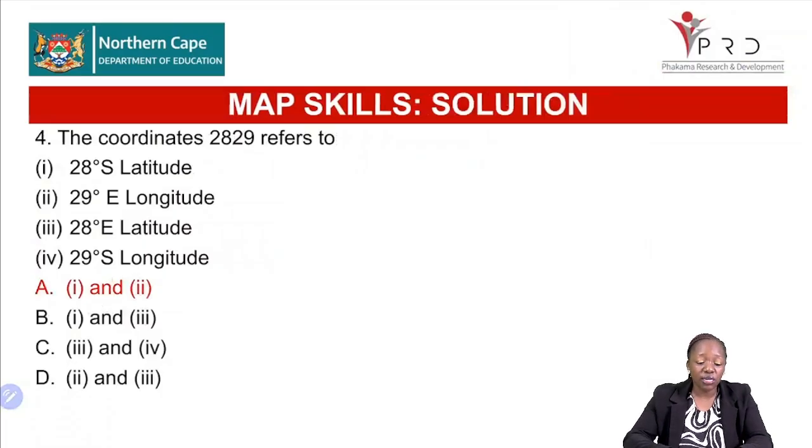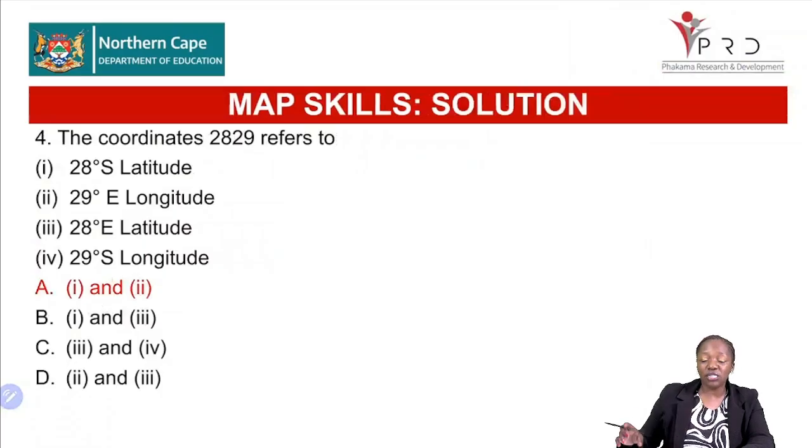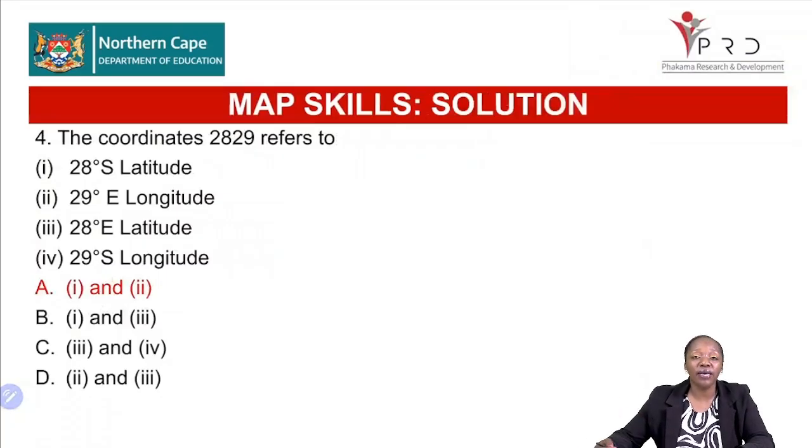You'll see that first we have our A. In our A, it's Roman figure 1 as well as Roman figure 2. This is the South African map. Remember, in South Africa, we always start with the latitude, which is the south direction, followed by the longitude, which is the east direction.